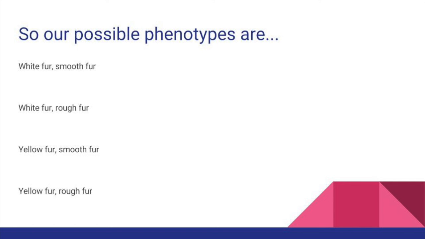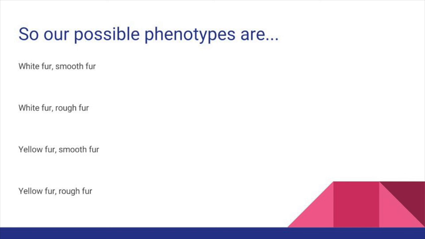So instead of doing genotypes, we are going to multiply the possibilities of getting white fur with the possibilities of getting smooth fur. And we're going to multiply the possibilities of getting white fur with rough fur, yellow fur with smooth fur, and yellow fur with rough fur.